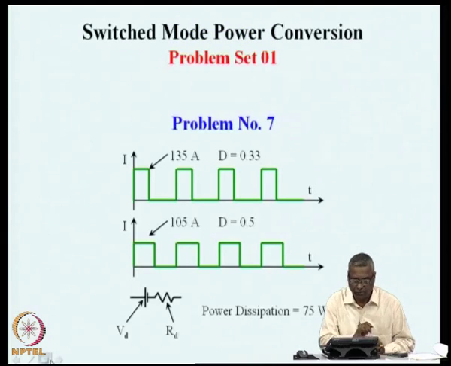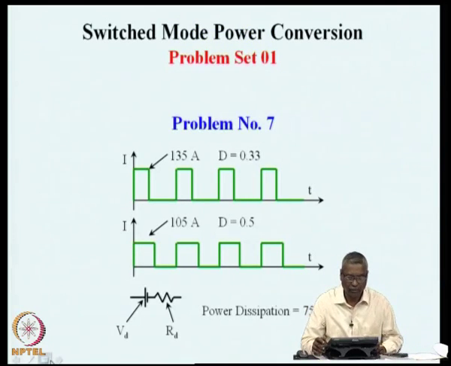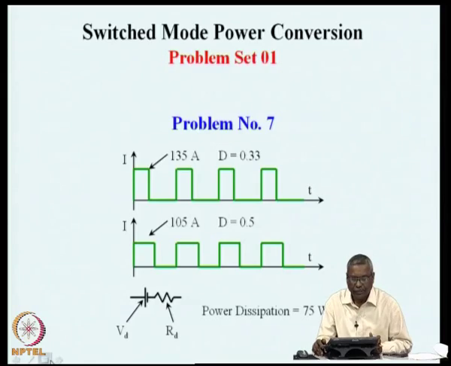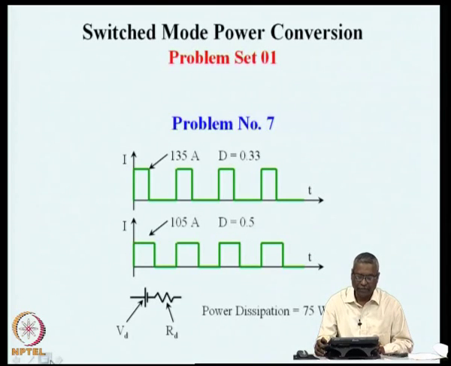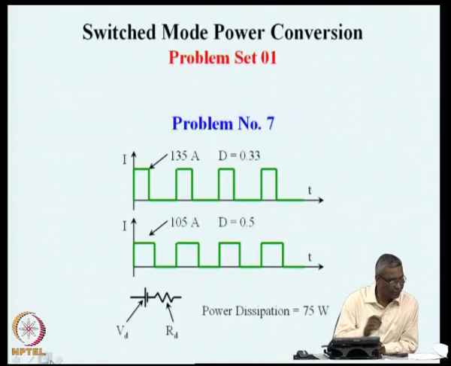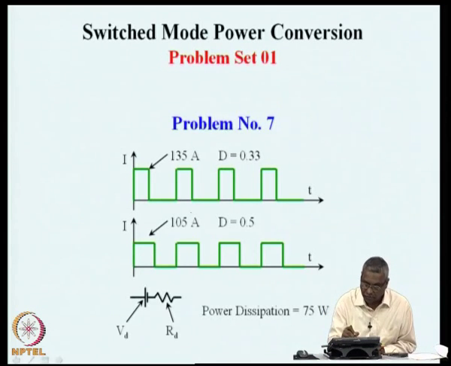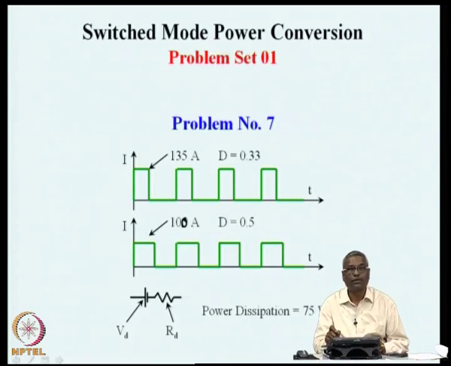So, let us go to the next problem. This is a slight variation of the same condition. We have a power device which has two different ratings given to us. The maximum current is 100 amperes.